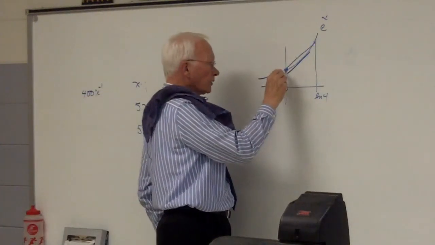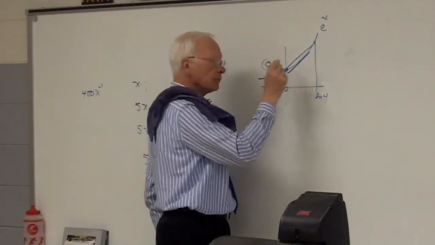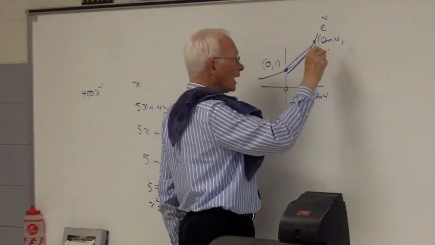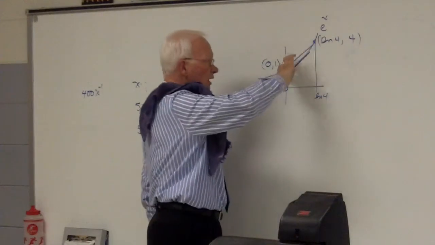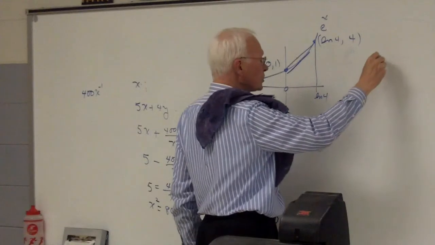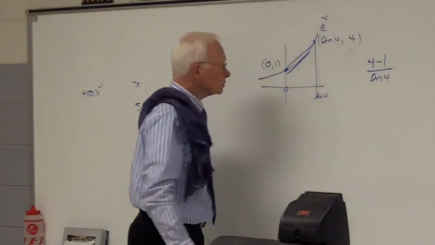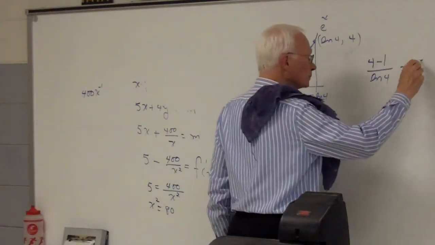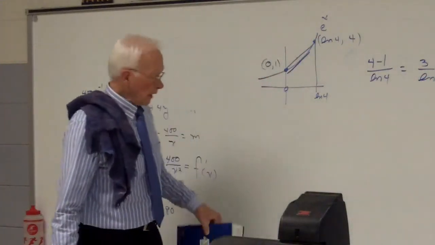This point is 0 comma 1. This one is ln of 4 comma how high? 4. Now the slope of this top line is 4 minus 1 all over ln of 4, because you take ln of 4 minus 0. It's like rise over run.